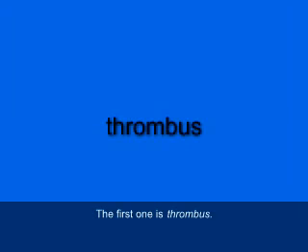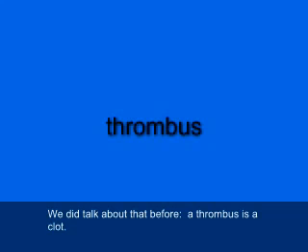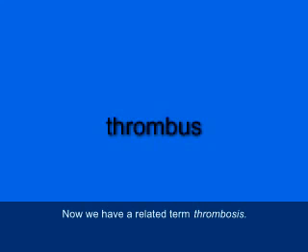Okay, and now we have a couple pairs of terms which can be quite tricky, so we need to be really careful of these. The first one is thrombus. Thrombus, and we did talk about that before. A thrombus is a clot. Now we have a related term, thrombosis. Thrombosis.